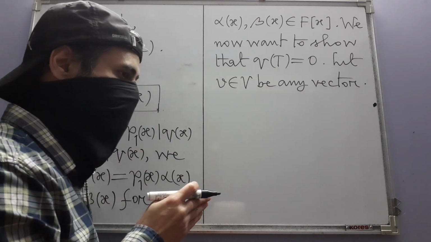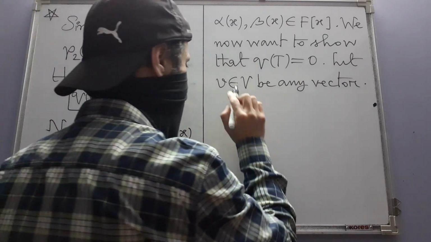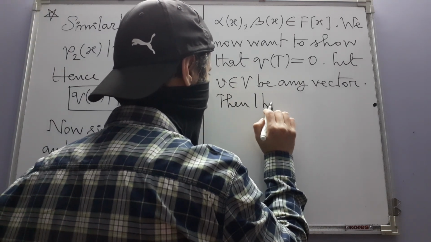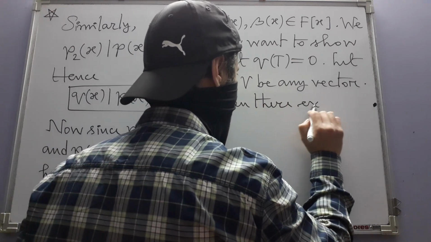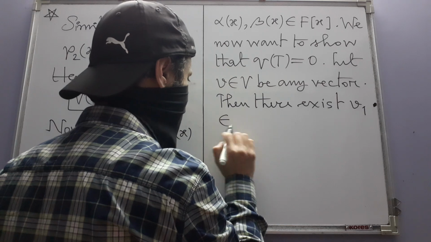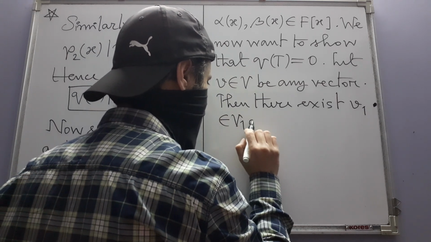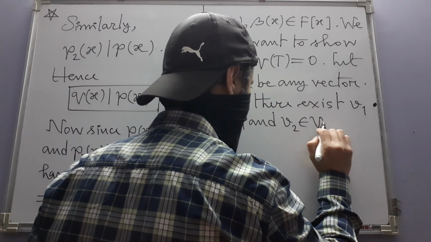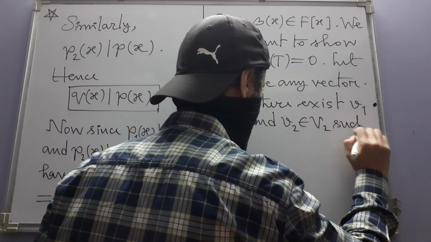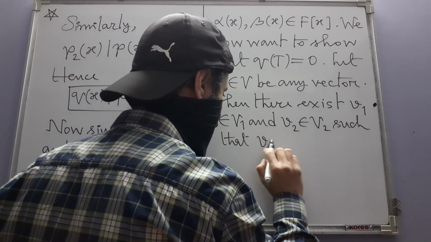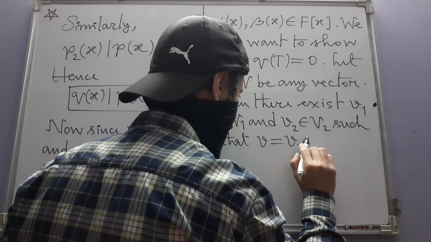Because V is just the sum of V1 and V2, there exists a vector v1 in V1 and a vector v2 in V2 such that v is equal to v1 plus v2.